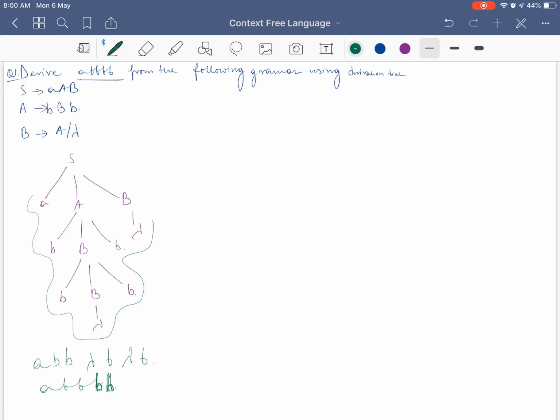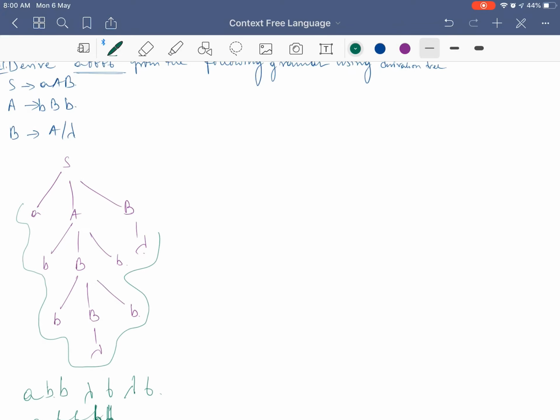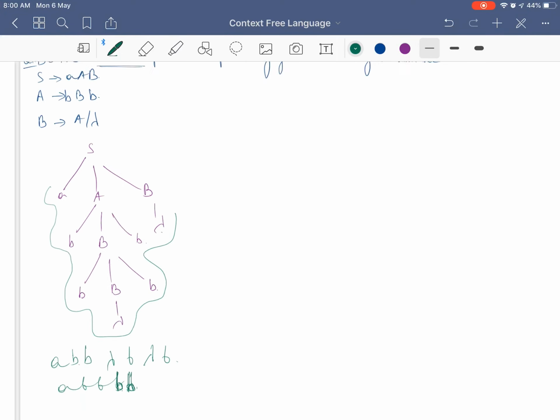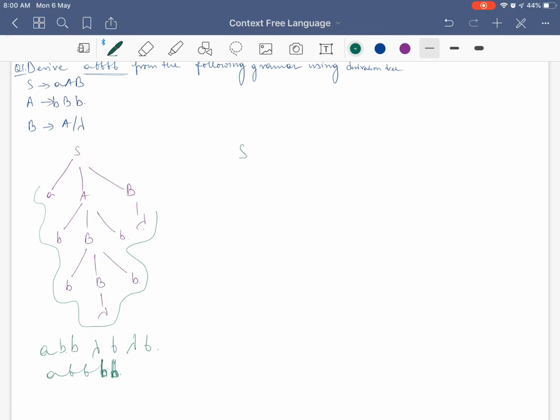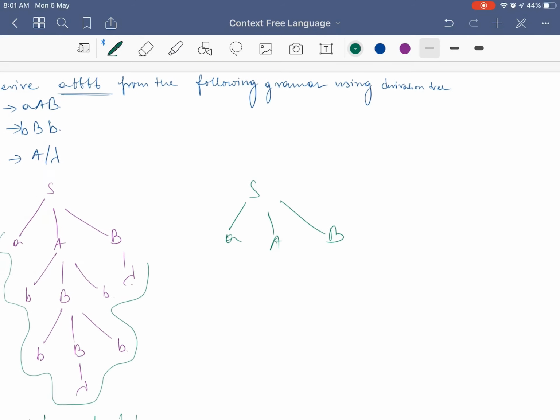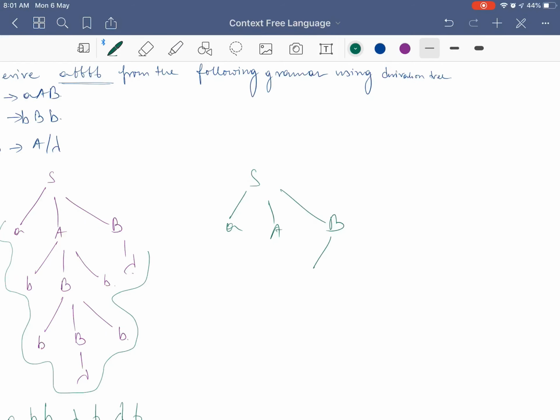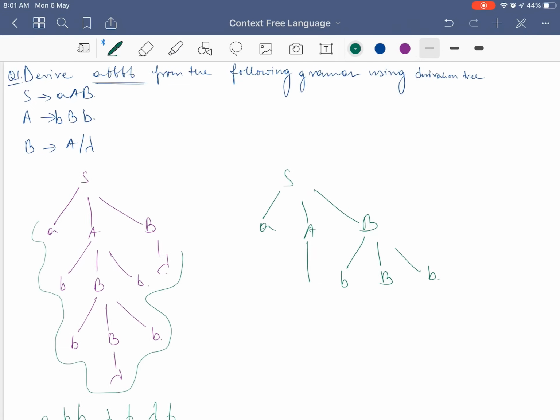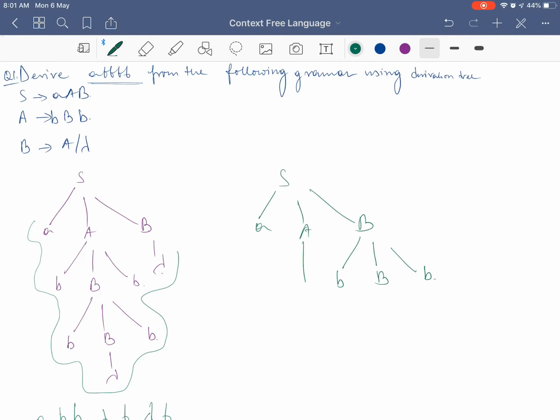So what has been asked in the question is to derive the string from this derivation tree. So I got it. Now let us try whether any other tree is possible from this grammar. Now what I will do is replace this B with B, B and B, and replace this A with, sorry, I made a mistake. I have to remove this one.